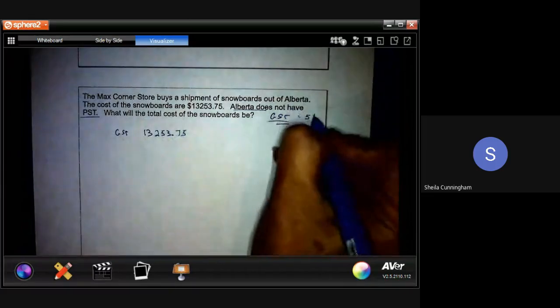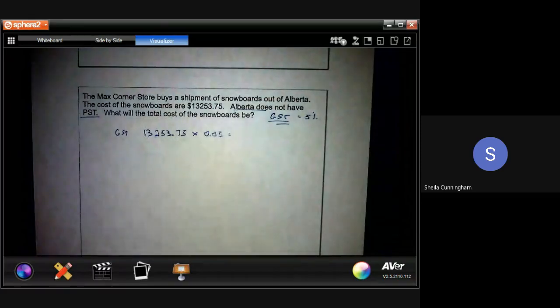$13,253.75. My GST being 5%, if I divide that by 100, I'm going to have 0.05. So I take the 13,253.75 times 0.05, and I have to pay, holy doodles, $662.687.